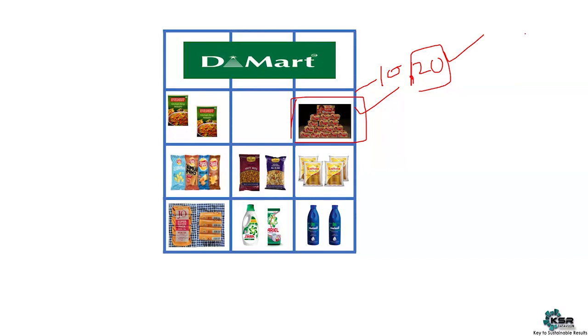Now, a new person visits that superstore and wants to purchase a biscuit, the same biscuit, maybe some other biscuits, but that quantity is not available inside that specific rack. So what will he do? He will communicate with the person who is managing that specific area, maybe the store manager: so and so product I want to purchase, but that product is not available in that designated area.